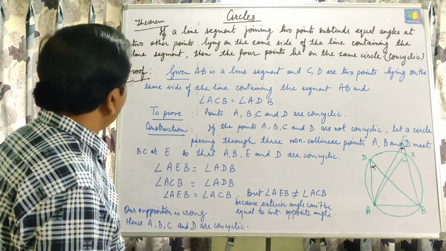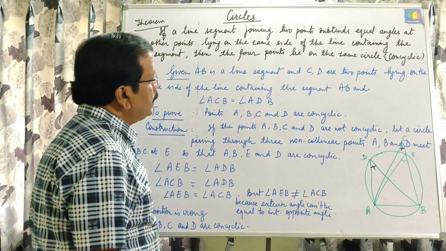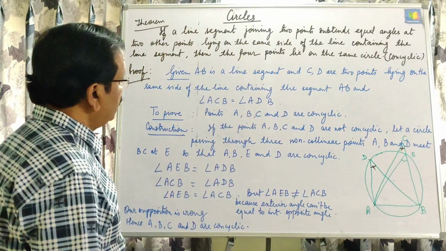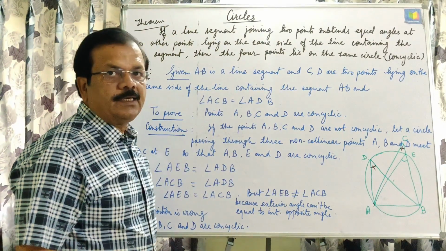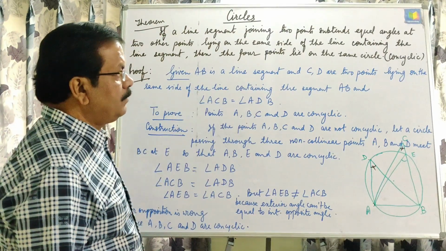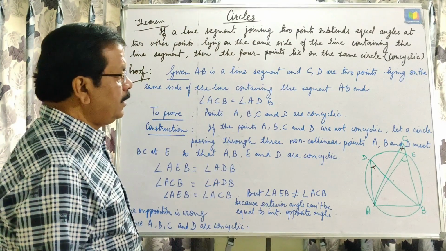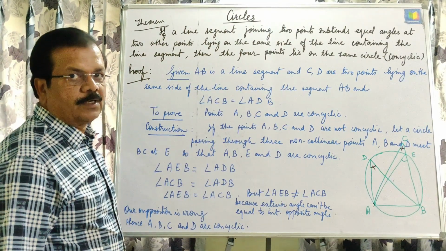Actually, the proof of this theorem uses the contradiction method. Contradiction method means whatever we suppose, ultimately we will see our supposition is wrong, and then we will write accordingly that the supposition is wrong, and so this is not true.